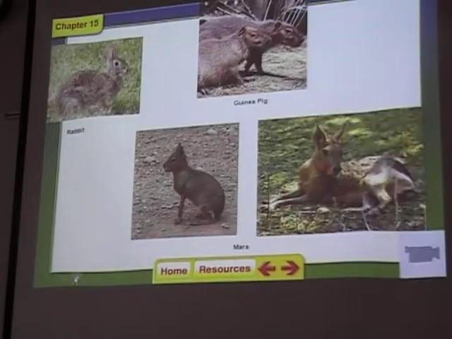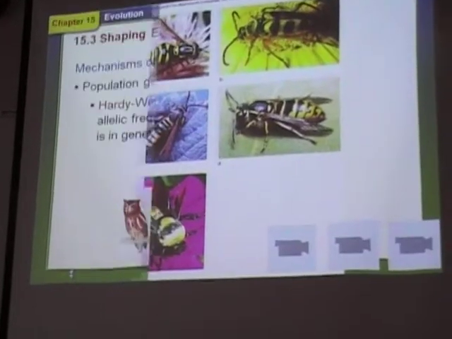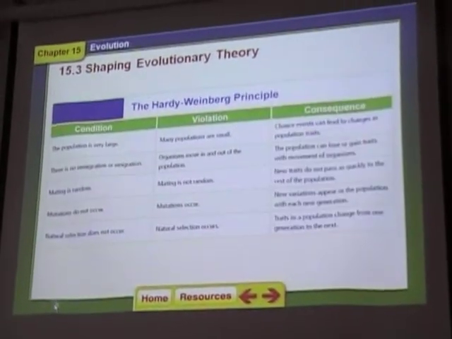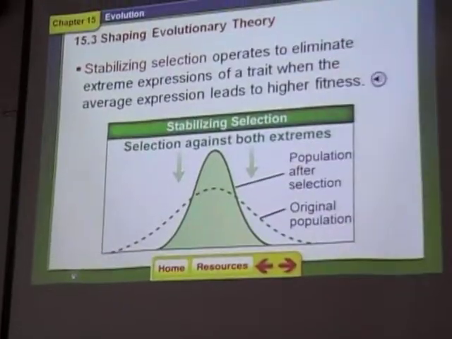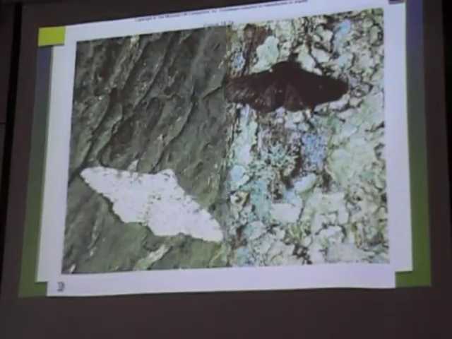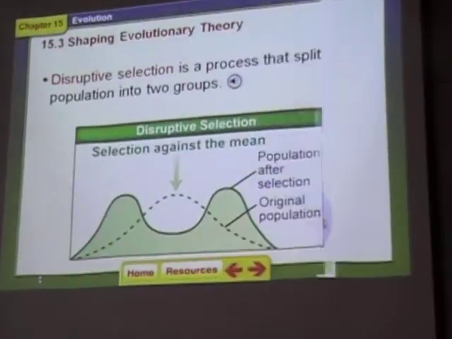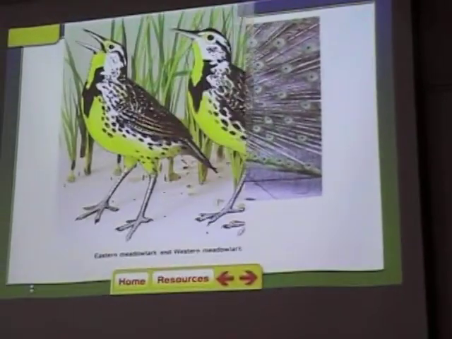You can talk about DNA evidence, biogeography, you can talk about mimicry and camouflage. We went on and on with this stuff. So, today, we're going to finish up this chapter, and I don't think we'll finish that video, but we'll get into it.